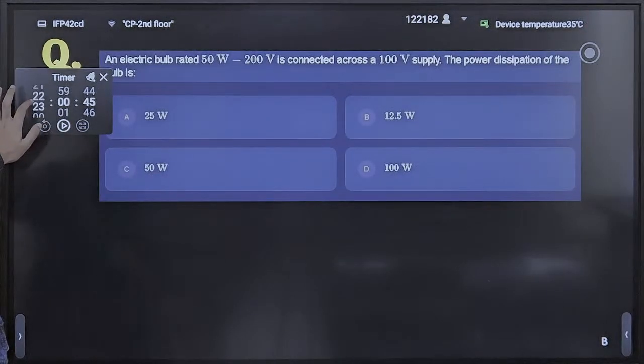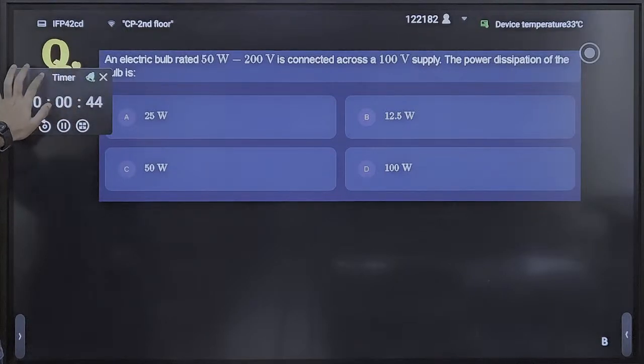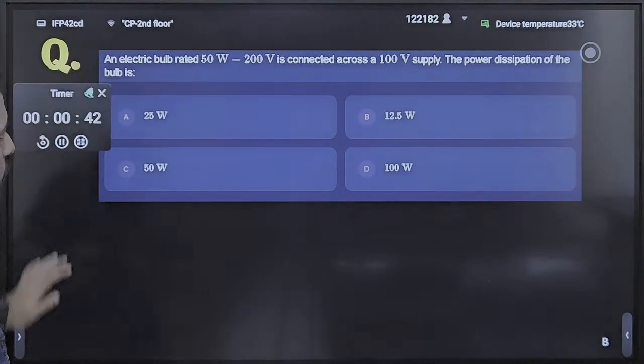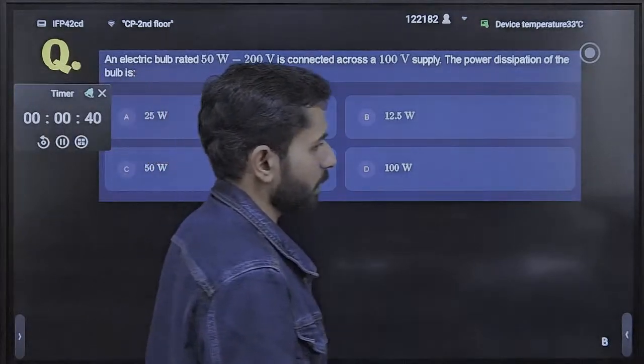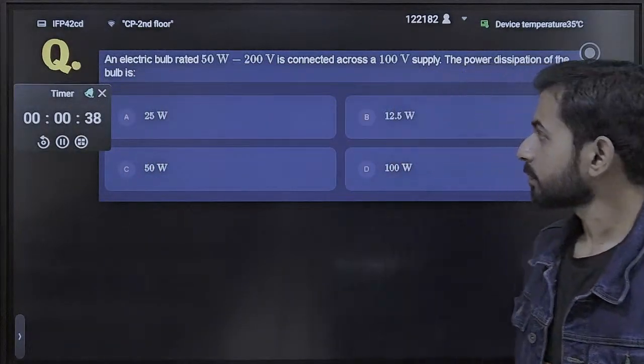Solve this question. Again, a basic question of electric lamp. Power dissipation you have to calculate.